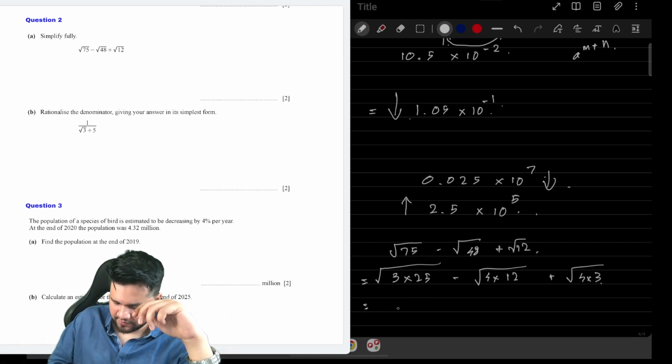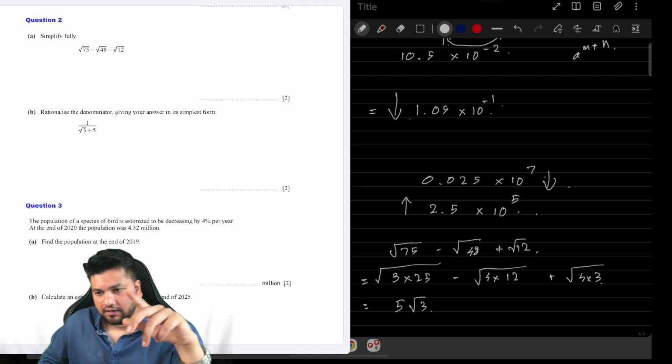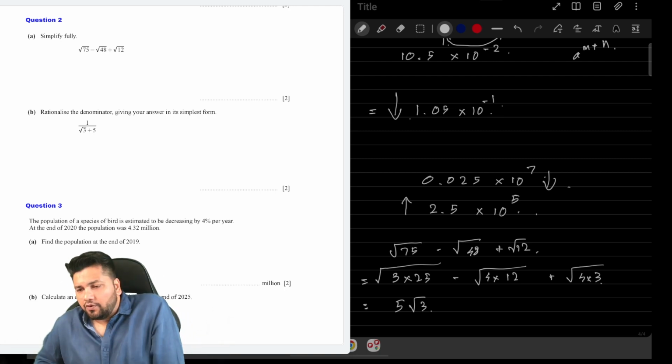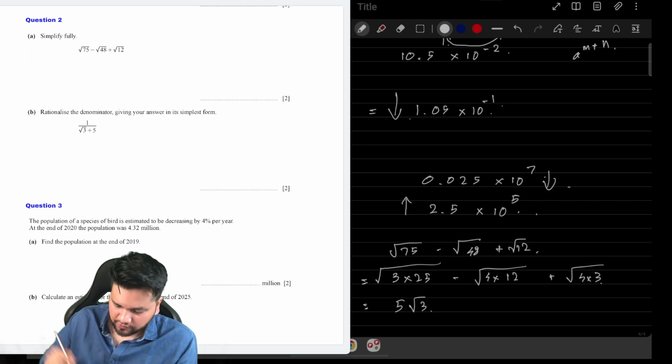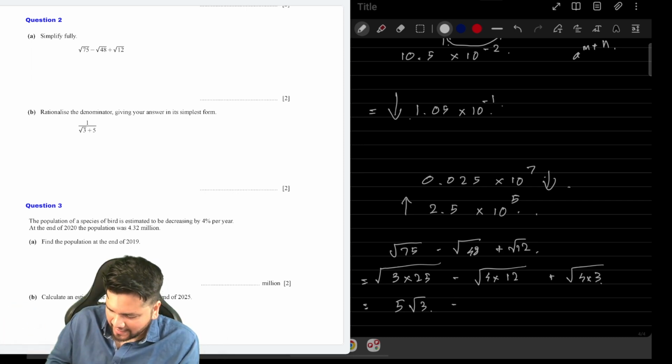Square root of 25 is nothing but 5, so 5 root 3. And mostly, whenever they ask you to simplify, the whole question will be in terms of root 3. Here again, I can further factorize this 12 as well. It can be written as 4 into 4 into 3, plus this is nothing but square root of 4 is 2, so 2 root 3.